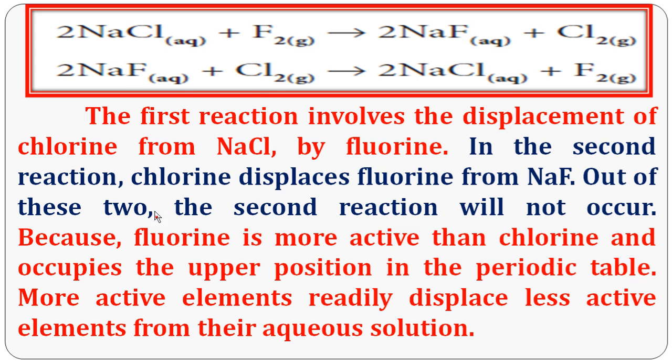Out of these two, the second reaction will not occur because fluorine is more active than chlorine, as it occupies the upper position in the periodic table. So, in the single displacement reaction, a more active element readily displaces the less active element from its aqueous solution.